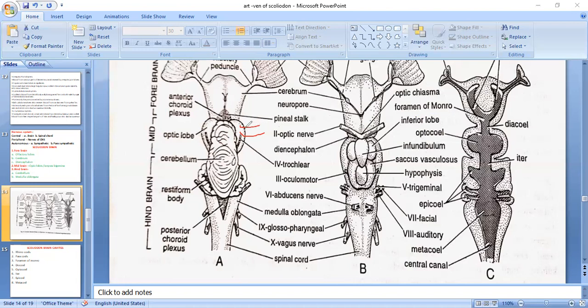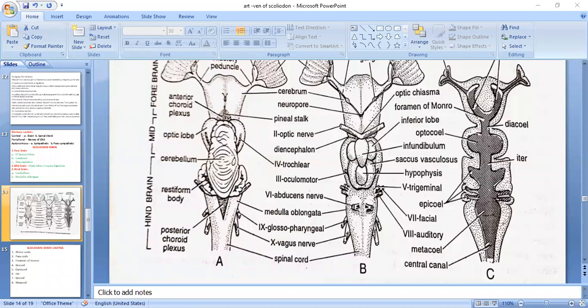From these, one pair of nerves arise and cross over each other at the diencephalon region to form an optic chiasma. This one is a nerve, this one is a nerve, this goes this way, they look like pipes. So that is about the optic lobes.